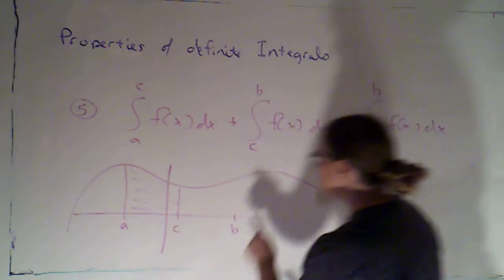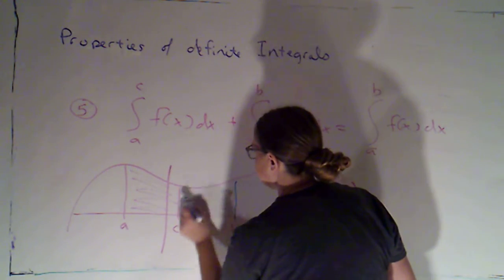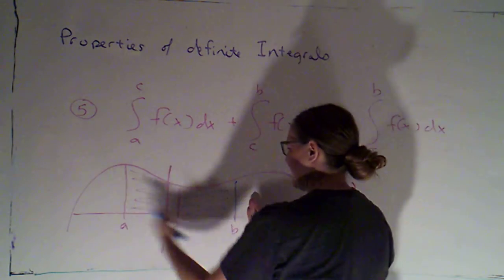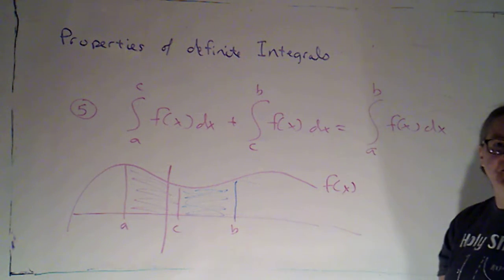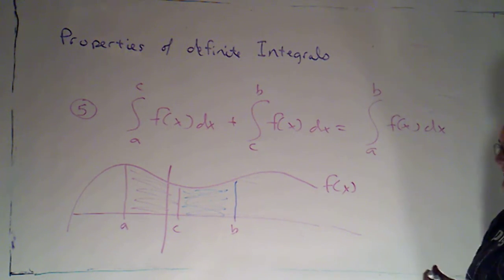The integral from C to B would represent this signed area. And if I add those together, I'm just getting the signed area over the interval from A to B. So that picture makes an awful lot of sense.